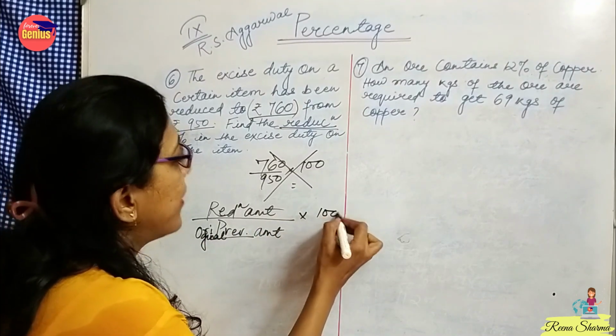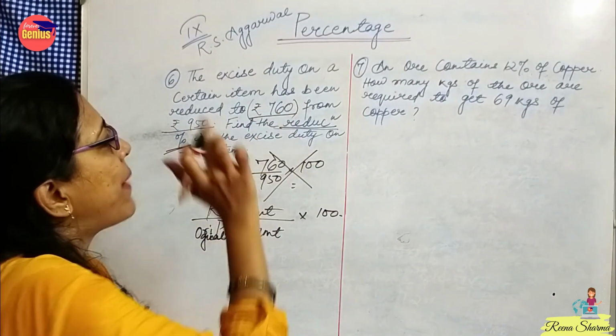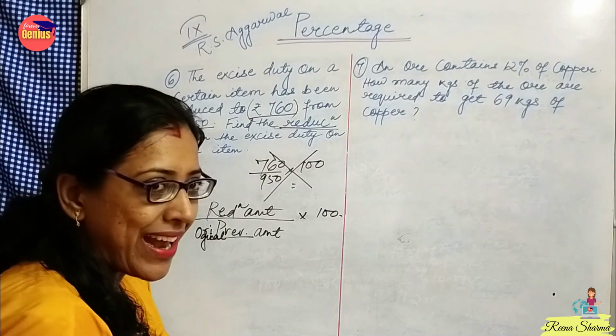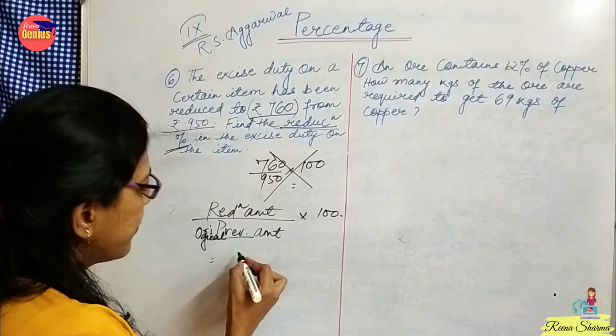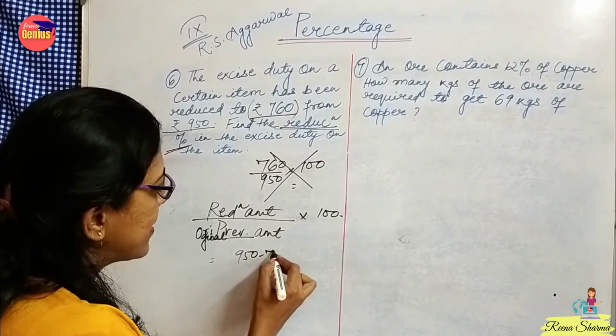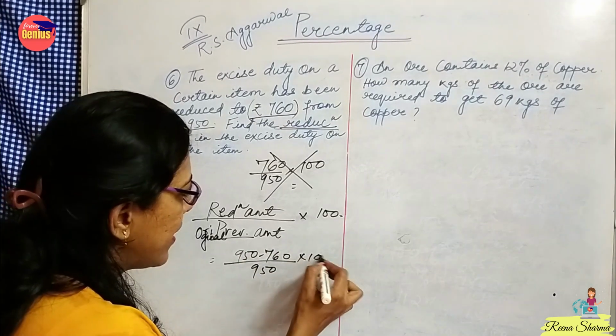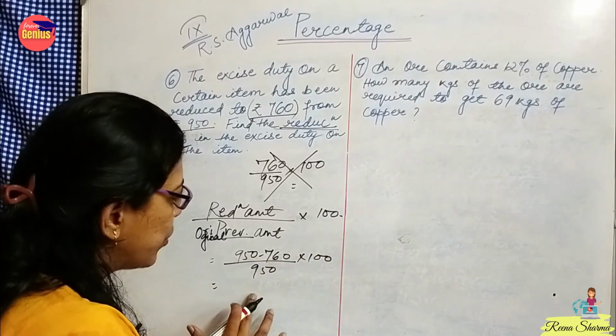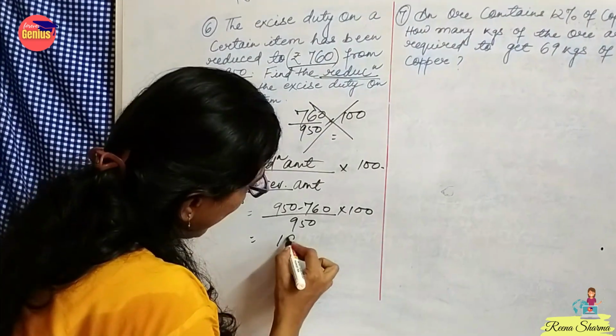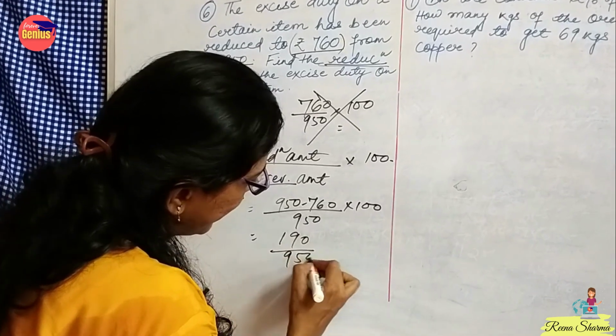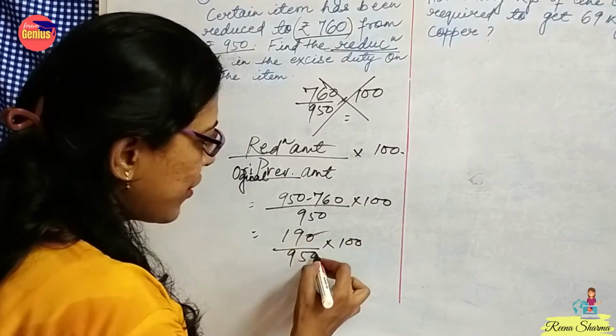into 100. So when I reduce 950 minus 760, what is the value? 950 minus 760 by 950 into 100, when I subtract, this is coming to 190 divided by 950 into 100. 0 cancel.